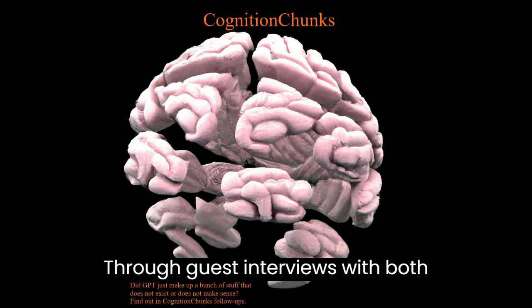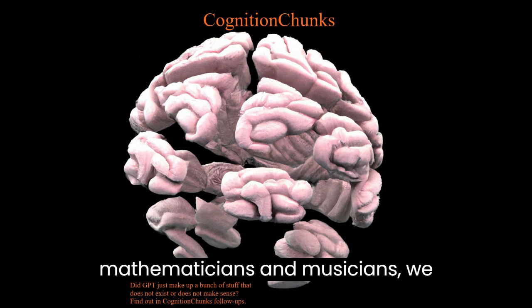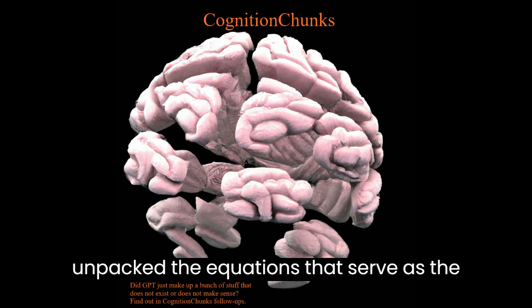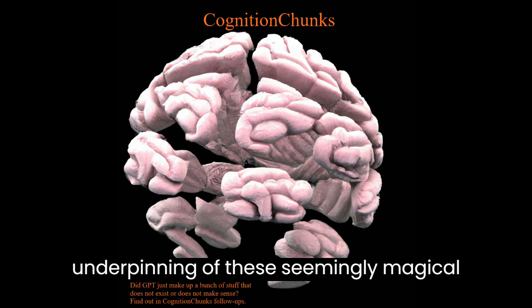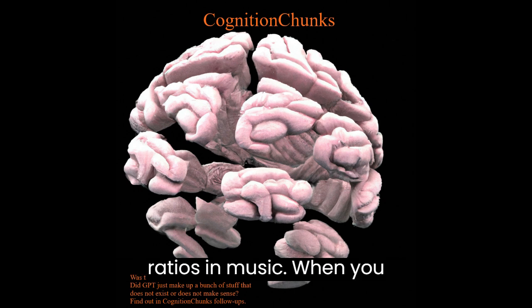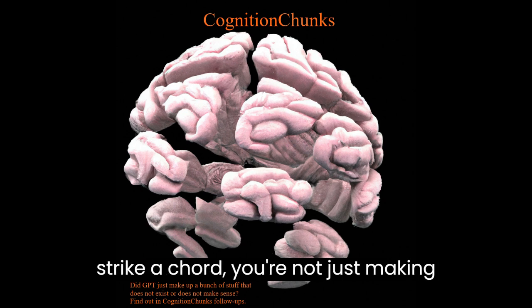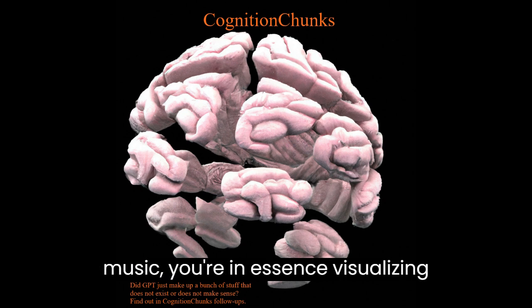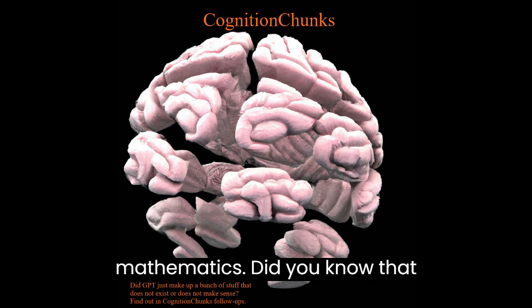Through guest interviews with both mathematicians and musicians, we unpacked the equations that serve as the underpinning of these seemingly magical ratios in music. When you strike a chord, you're not just making music, you're in essence visualizing mathematics.